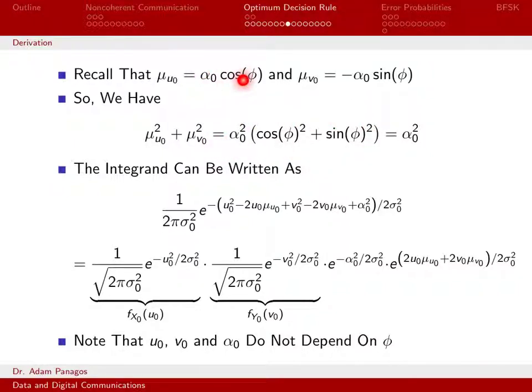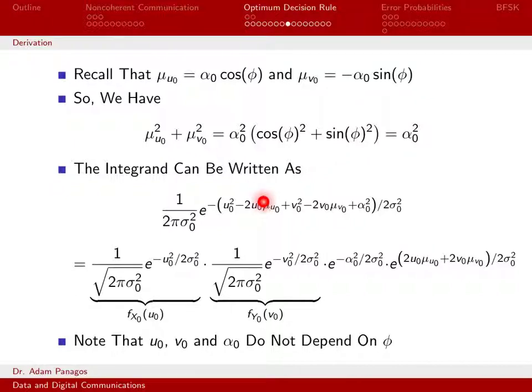I square both of these things and add them together, and you can see what happens. I can factor out an alpha naught squared, and then I end up with cosine phi squared plus sine of phi squared, which is obviously equal to 1. So that gives me just alpha naught squared. So the integrand, after I expand the argument of the exponent and use this fact, simplifies quite a bit. It simplifies to this.